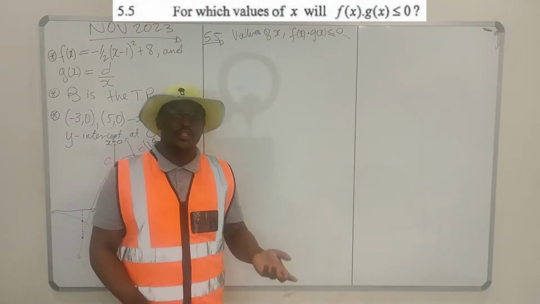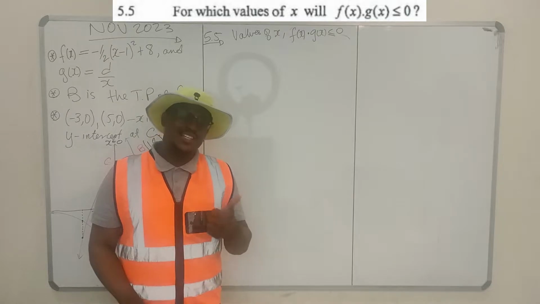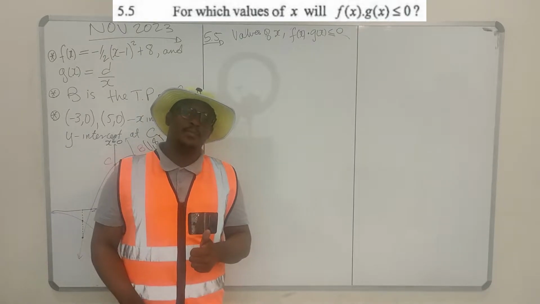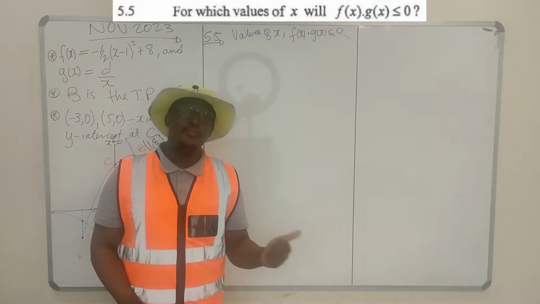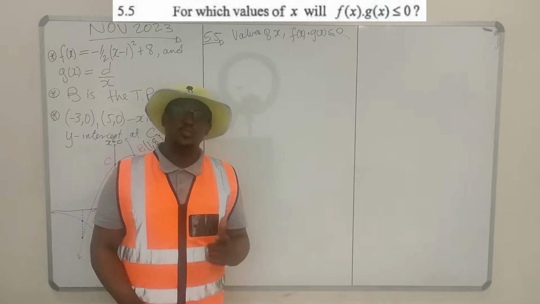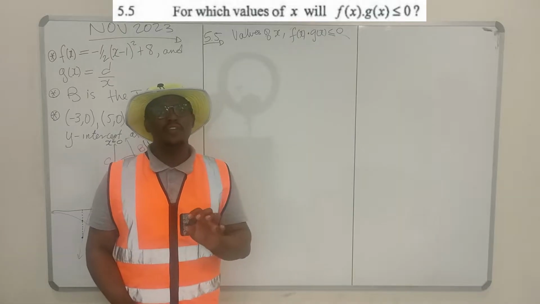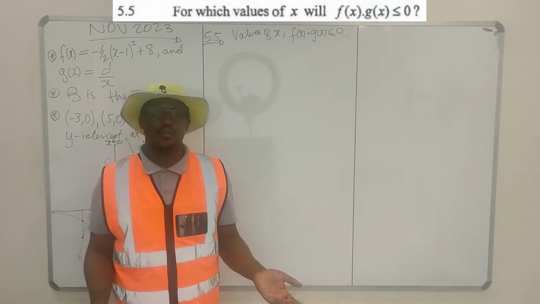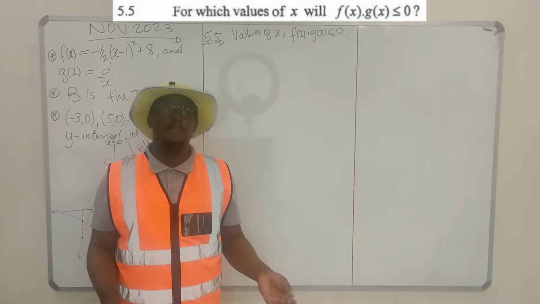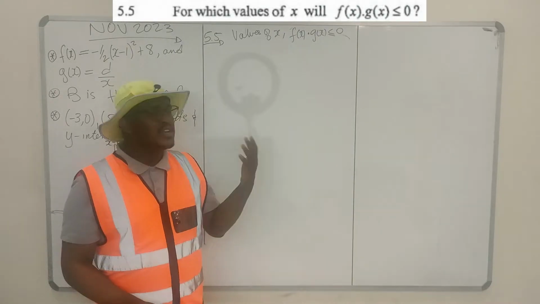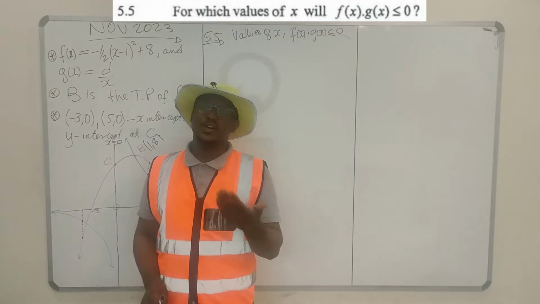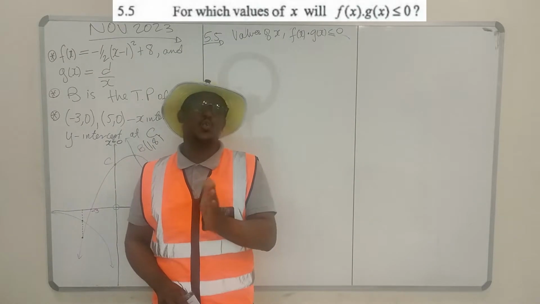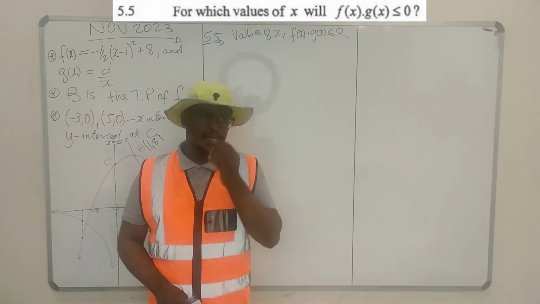To obtain that condition, you need at least one of them to be 0. f or g of x to be 0, which means you need your y value of your g or f to be 0. That's when you will get the product being equal to 0, when at least one of them is 0, right?